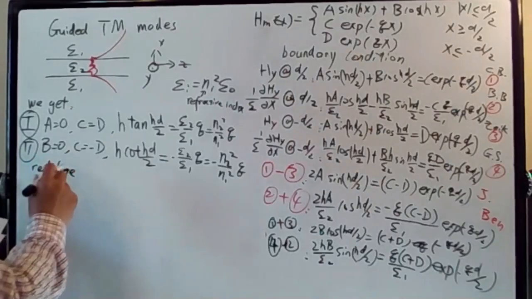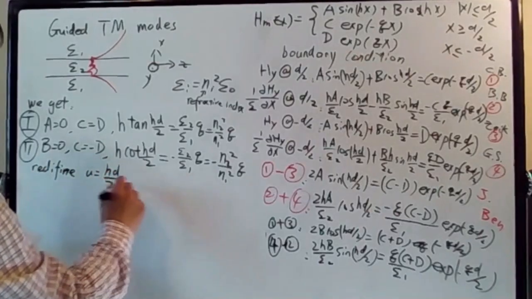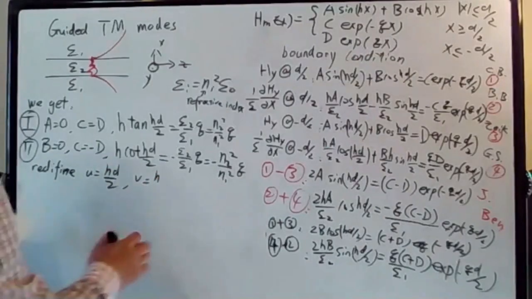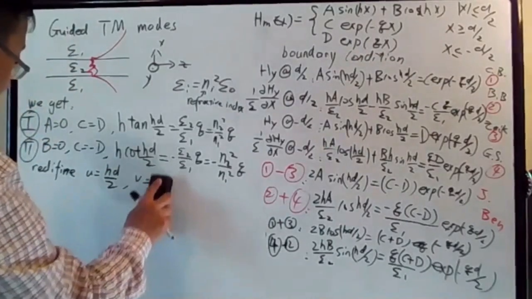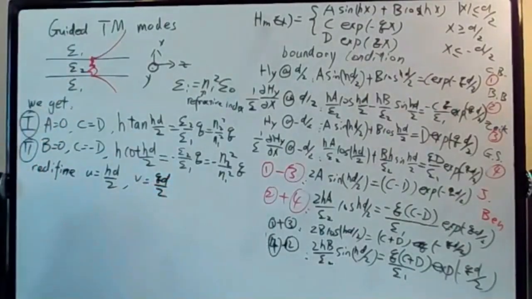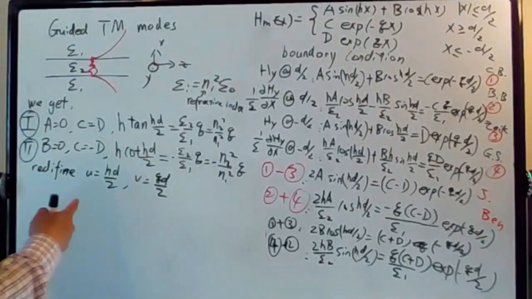Redefine: U is HD over 2, V is QD over 2. So let's just multiply D over 2 on both sides.